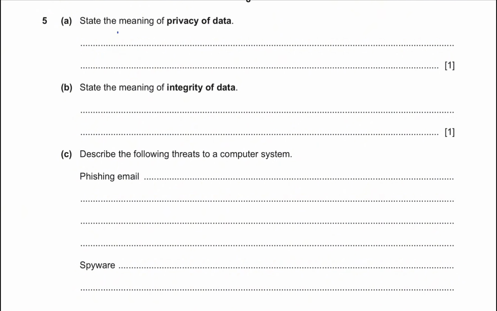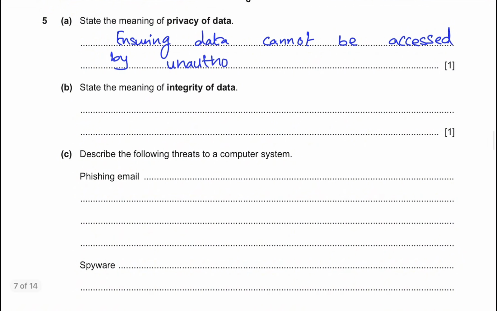Privacy of data means ensuring that the data cannot be accessed by unauthorized person. 1 mark for this.